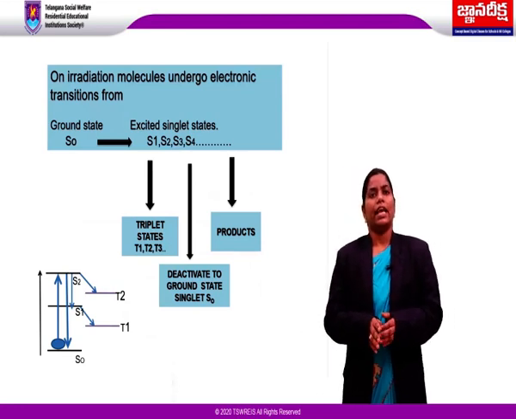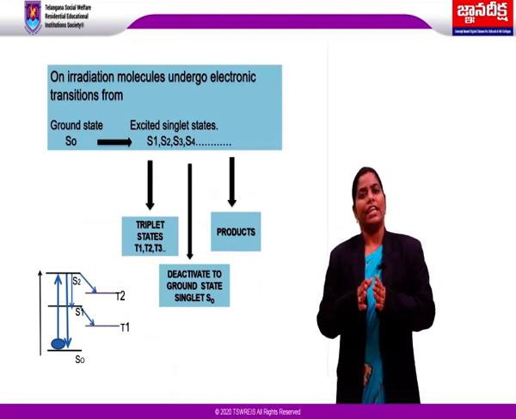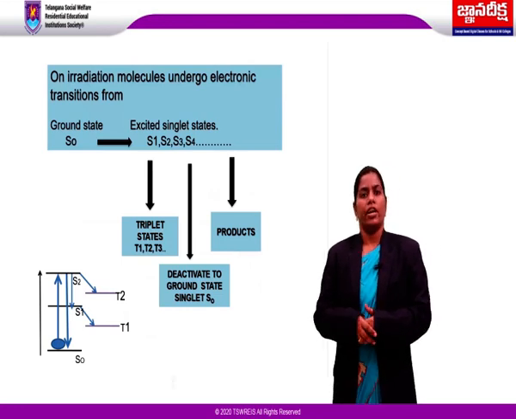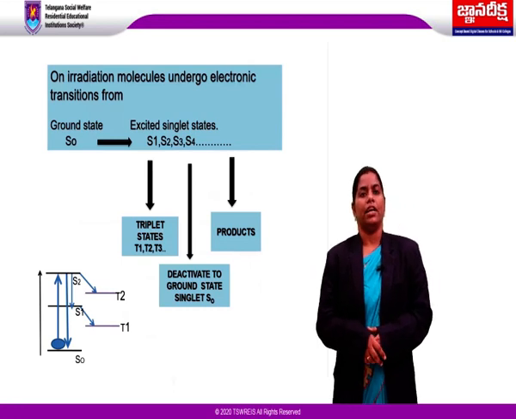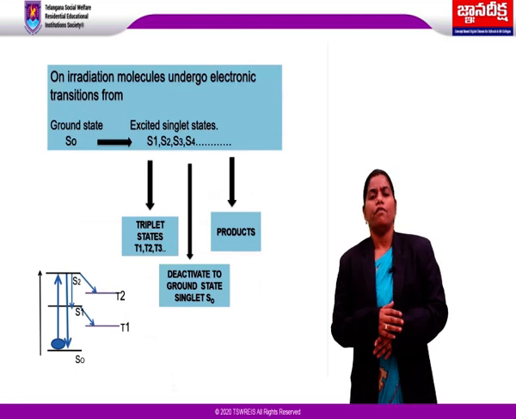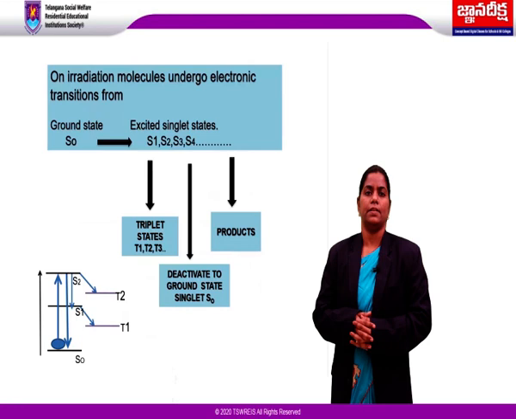They can either get converted into products, or they de-excite and get converted into triplet states having lower energy, or they may de-excite to the lower energy singlet state. The de-excitation of the molecule without formation of the product is termed a photophysical process.